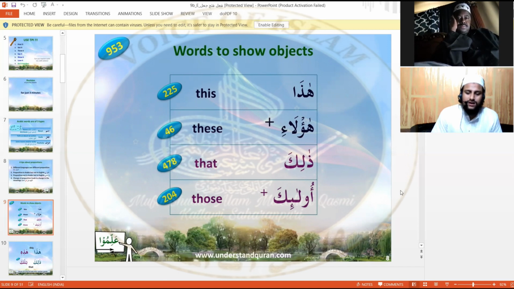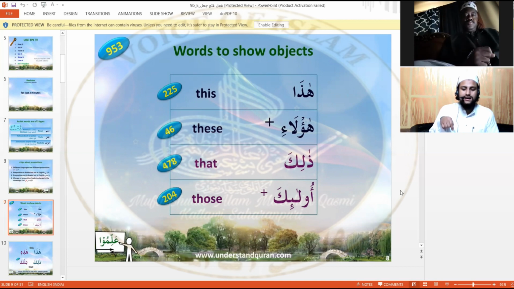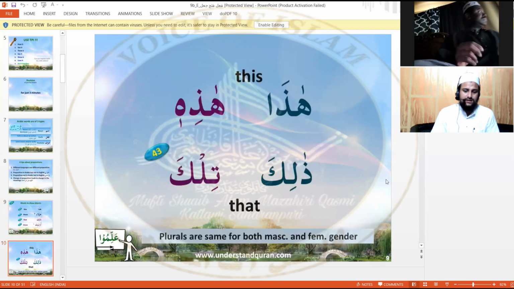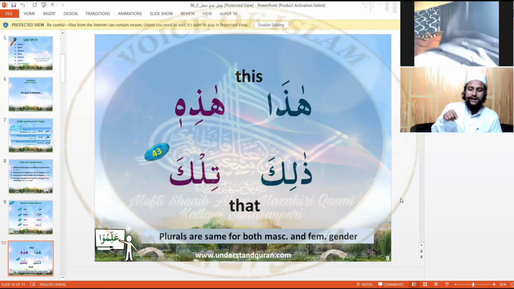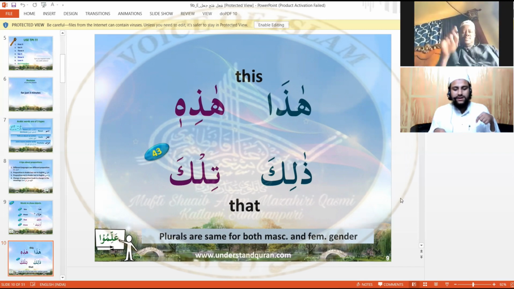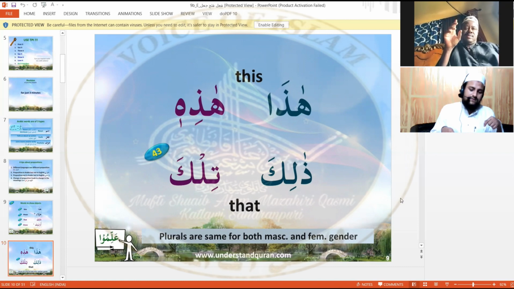Words to show objects: hada, haulai, and zalika, ulaika. And for female gender: hadihi.